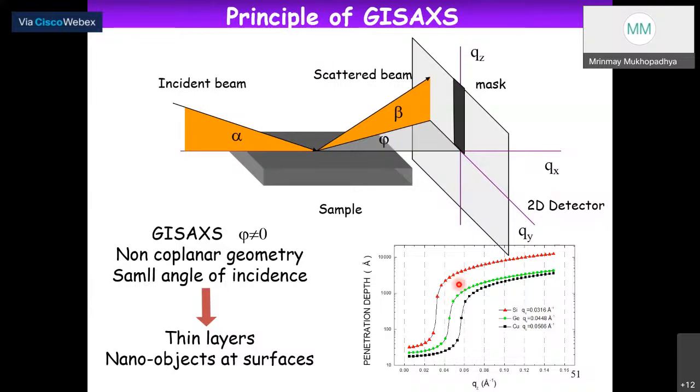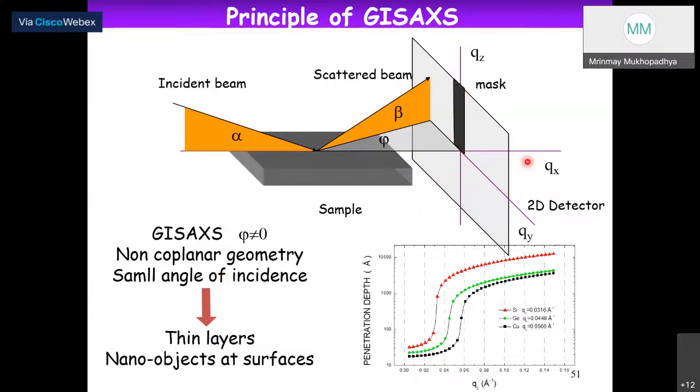you can talk about diffraction, where you are talking about the lattice spacing. You can talk about the nanoparticle size, shape, distribution, and all these things. For that, you need GISAXS measurement. This is another technique. In reflectivity, I had a variation of QZ because my incidence angle is equal to the reflected angle, so I only varied along this direction.